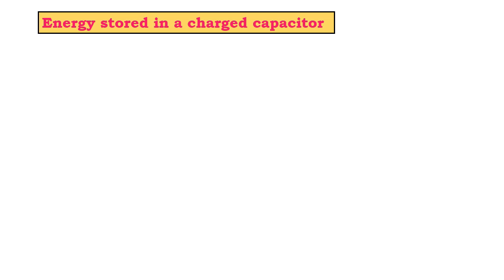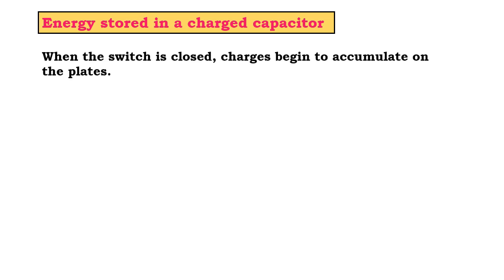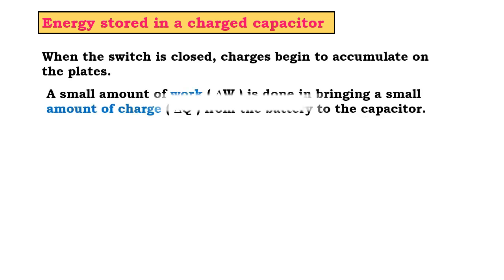Energy stored in a charged capacitor. When the switch is closed, the charges begin to accumulate on the capacitor plates. So a small amount of work is needed to bring a small amount of charge from the battery to the capacitor plates. So how to express this equation?